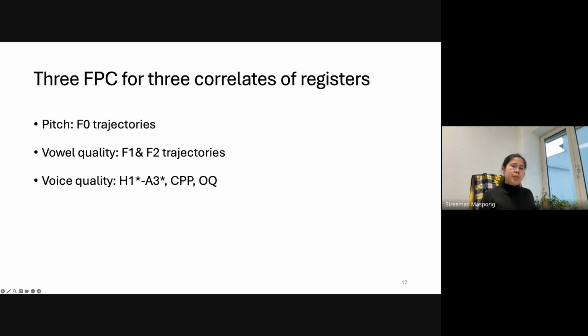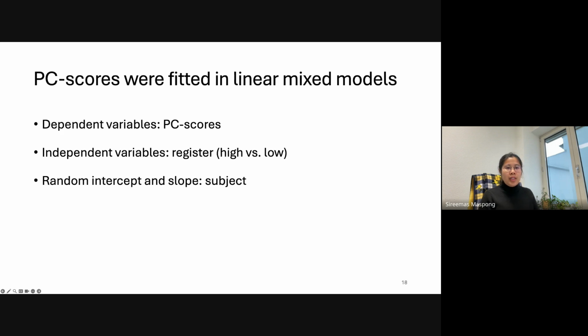One model fit only F0 trajectories, representing pitch; the second fit F1 and F2 formant trajectories, representing vowel quality; and the third fit the three measurements representing voice quality. Once we got the PC scores, we used them as dependent variables in linear mixed effects models, with the independent variable of register, high versus low, and random intercept and random slope of subject. So that's the technical part of this.